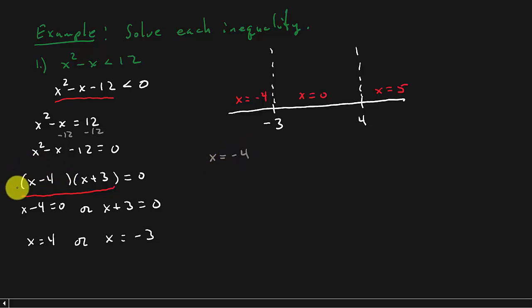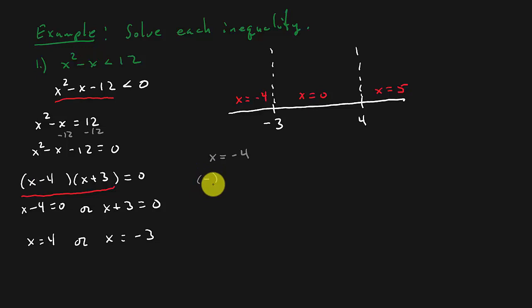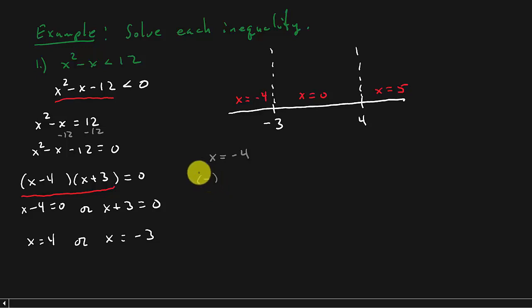So when we plug the negative 4 into here, okay? Negative 4 minus 4 is negative 8, right? I don't care that it's negative 8. All I care about is that it's negative, okay? So when I plug the negative 4 into here, that's going to give me a negative number.